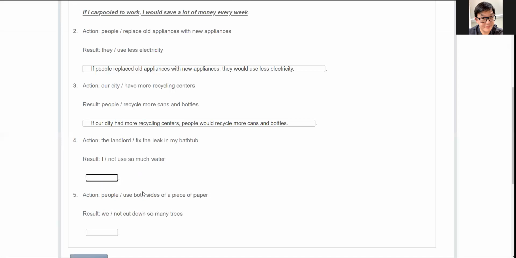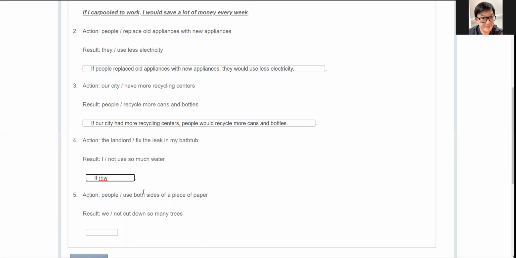Questions? Let's go to number 4. Action, the imaginary action: the landlord fixed the leak in my bathtub. Result: I not use so much water. Okay, let's do this.